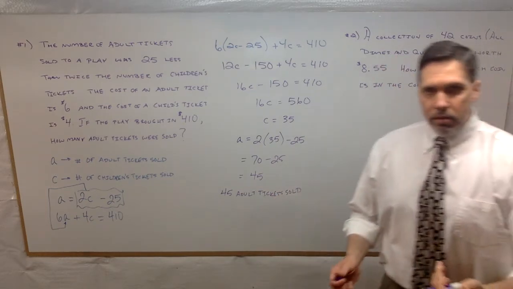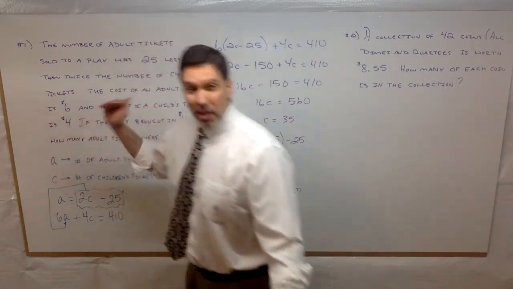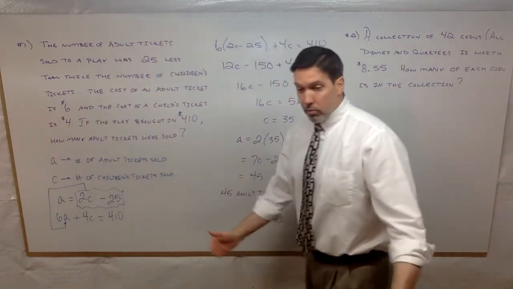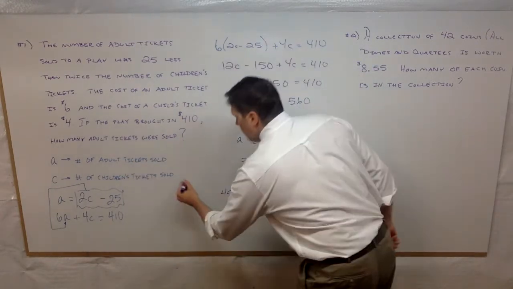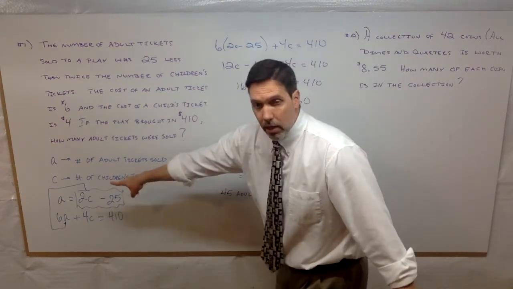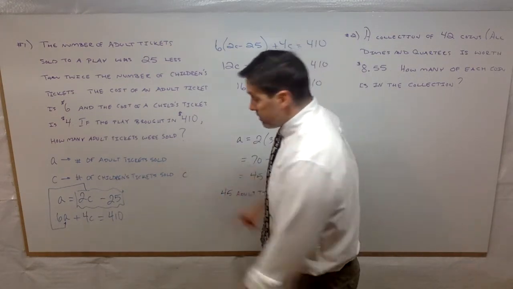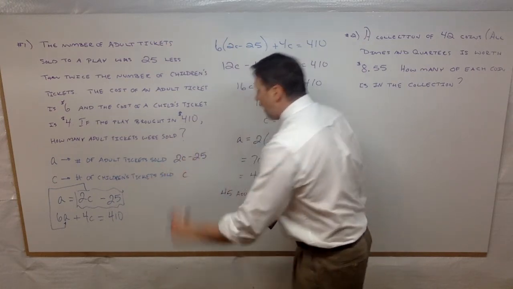Now, again, if we would have just gone with one variable and said, okay, what we don't know is the number of adult tickets sold, we don't know how many children's tickets were sold, but we can write one in terms of the other, where we would say, okay, let's make children's tickets sold C, just like we did here, but let's make adult tickets twice C minus 25.